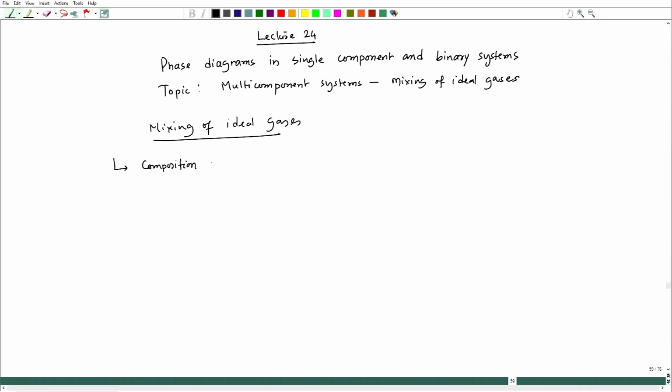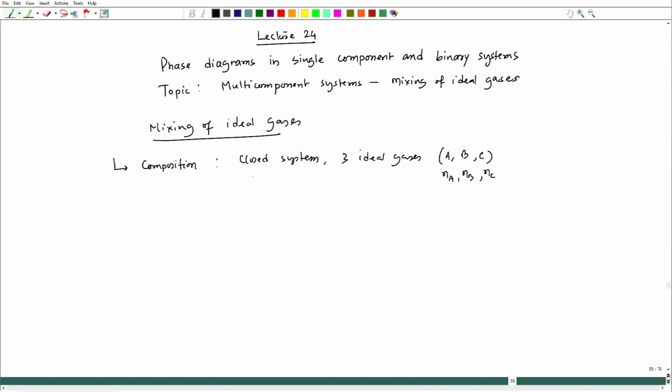Let us say in a closed system there are 3 components, 3 ideal gases, A, B and C. Here we have Na mole, Nb mole and Nc mole. These are the number of moles of those gases.